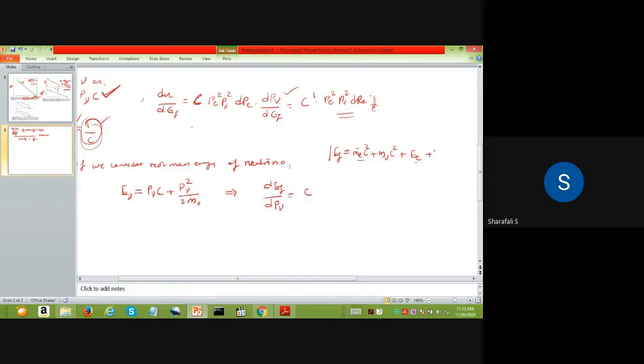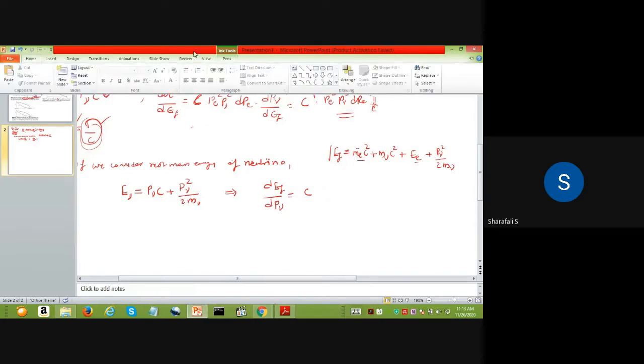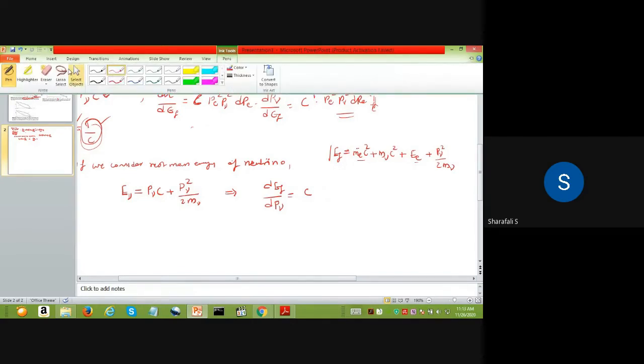Then we have p_nu squared by 2m. So this is the total final state energy, so we'll be having M_nu c squared plus p_nu squared. When you consider the rest mass energy, this can be written as, I will write.